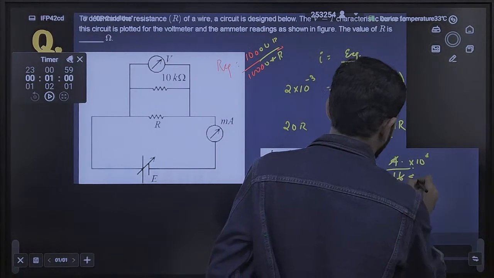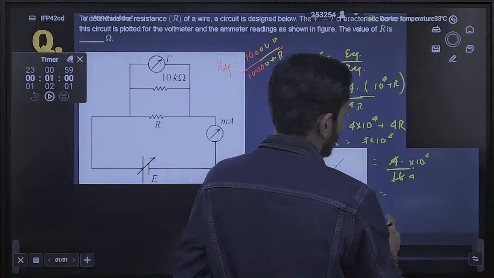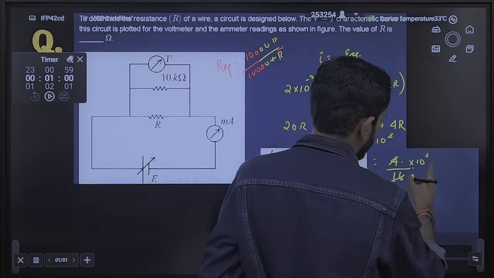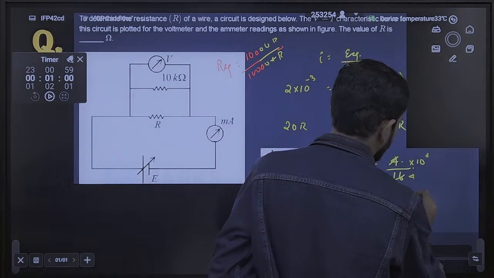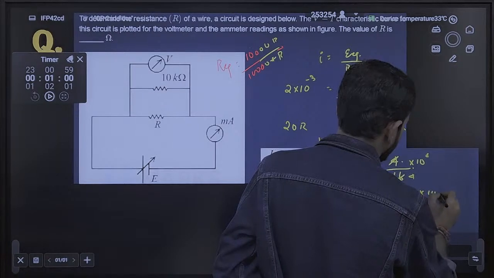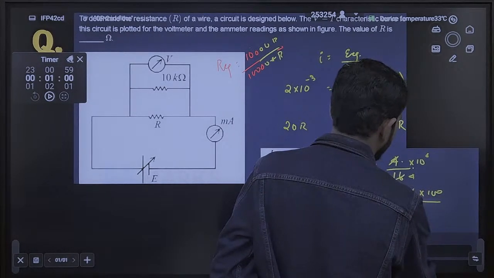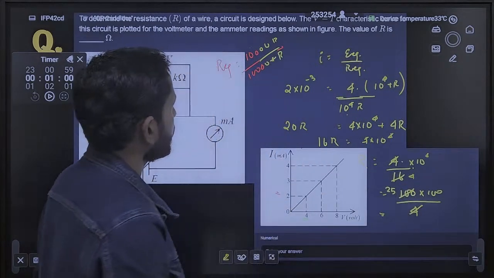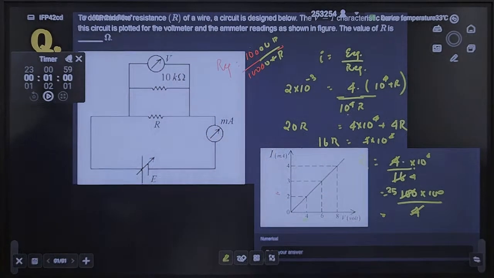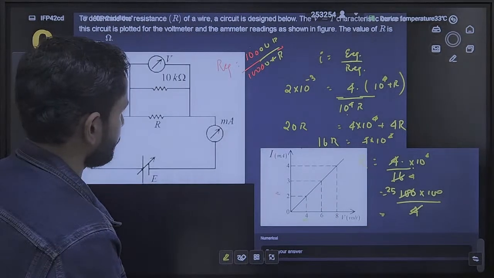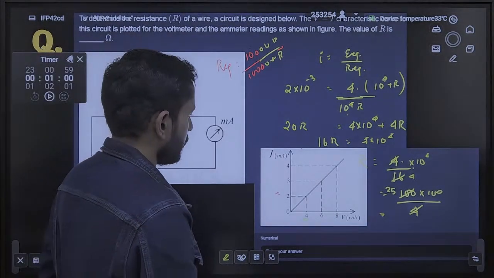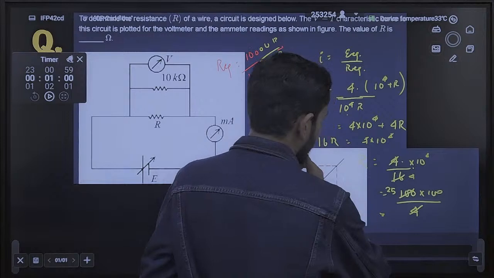What can you do? Here you can cancel 4, and then 1 by 4 into, then you can write here 100 into 100 divided by 4. It can be written as 25. What is the final answer that you have to put? The value of R that is coming equals to, here how much is the answer that you are getting?